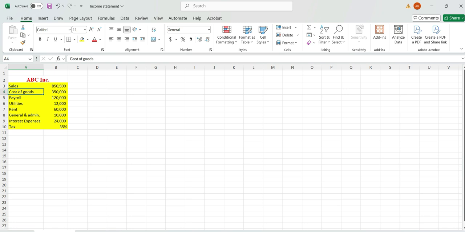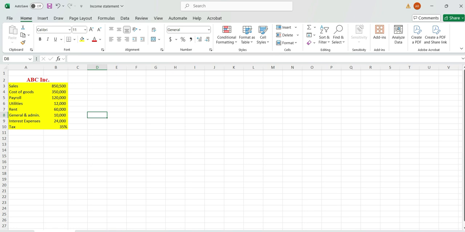Then we have the interest expenses, and lastly the tax expense of 35%. This is only a sample. Some businesses can have much larger expenses while some have smaller ones like these. The main thing is to understand the concept of how to align these things, how to enter them into the income statement, and how to calculate each of them.